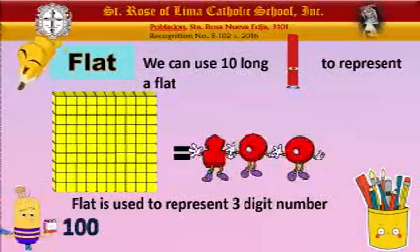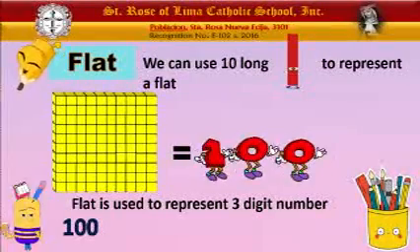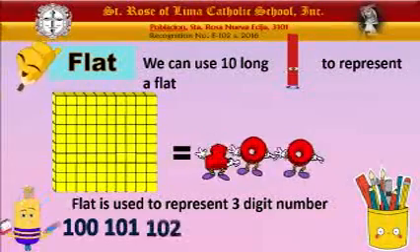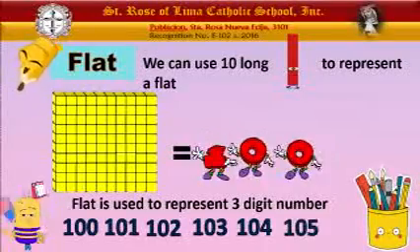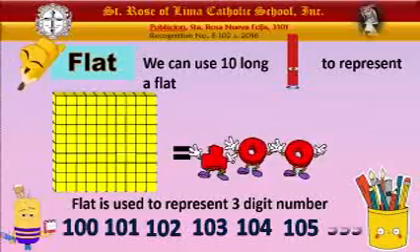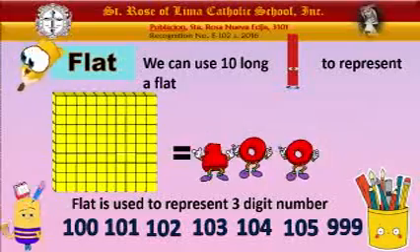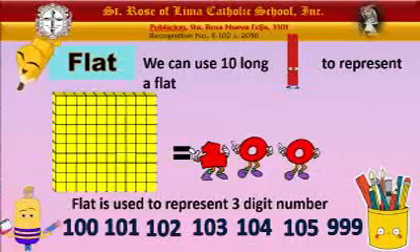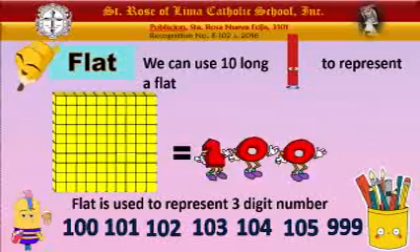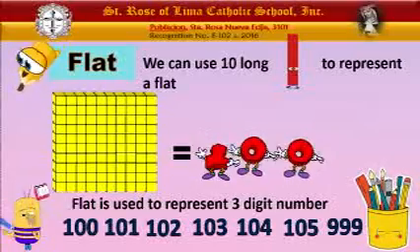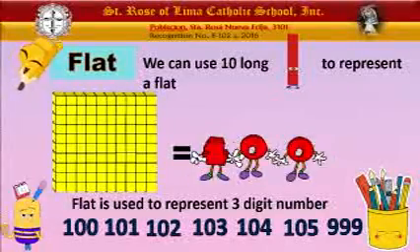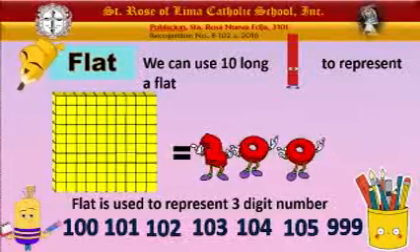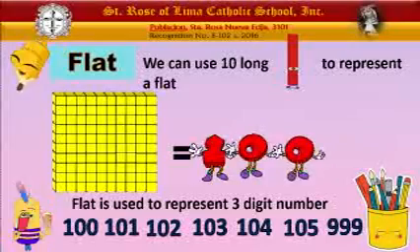So what are those numbers? These are the numbers 100, 101, 102, 103, 104, 105, up to 999. So numbers from 100 to 999, those are 3-digit numbers. And we use flat to represent those numbers.